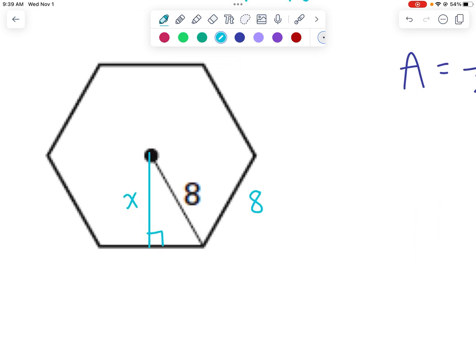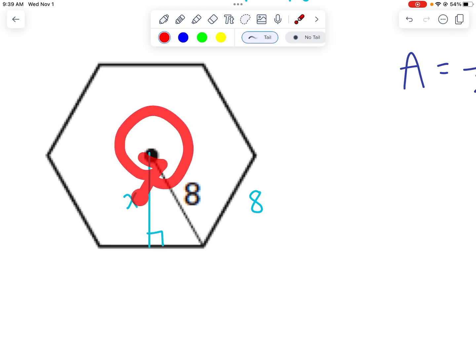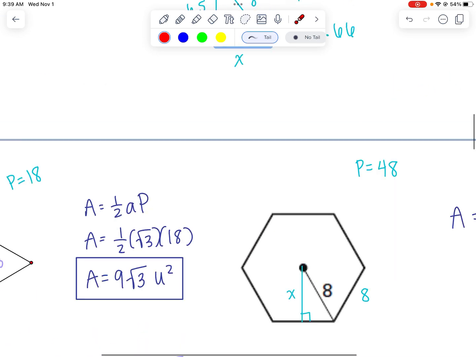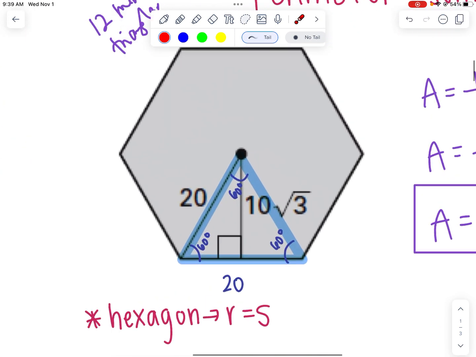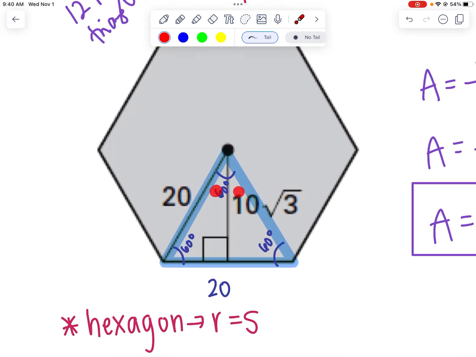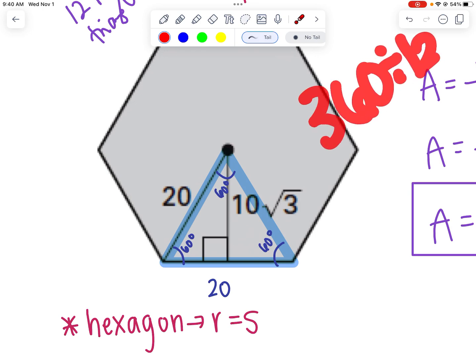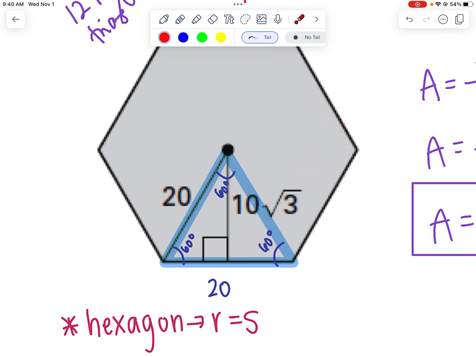What I'm really missing now is the apothem. Hexagons work specially because 360 all the way around divided up by all of those mini triangles works out very nice and neat. So if we go back, let's just look at the last one for an example. These 12 mini triangles, so 360 divided by 12 is going to make all those mini triangles 30.